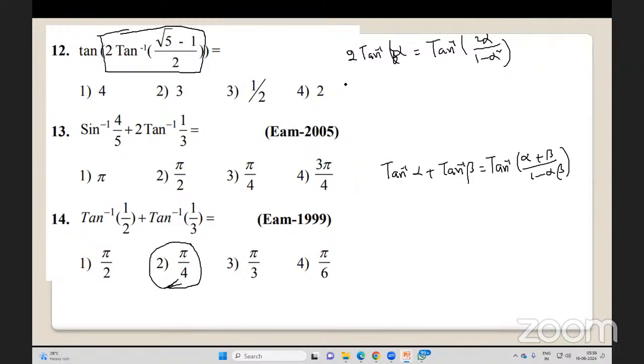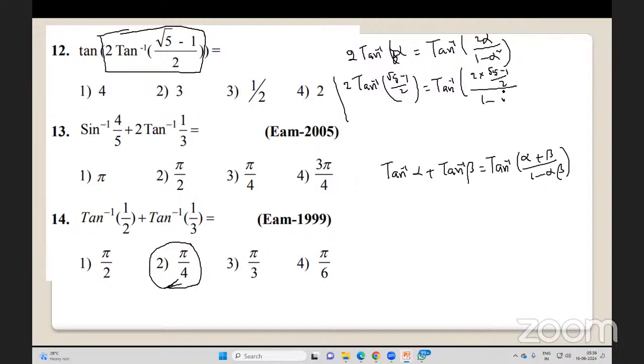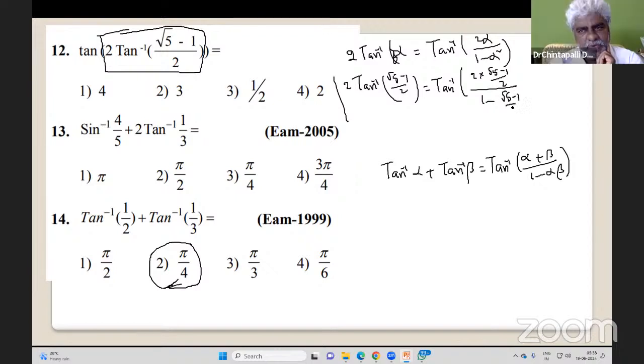Yes, sir. 2 tan inverse of root 5 minus 1 by 2 is equal to tan inverse of 2 times root 5 minus 1 by 2 by 1 minus root 5 minus 1 by 2 whole square. You can simplify it. Then you can cancel tan and tan inverse, right?